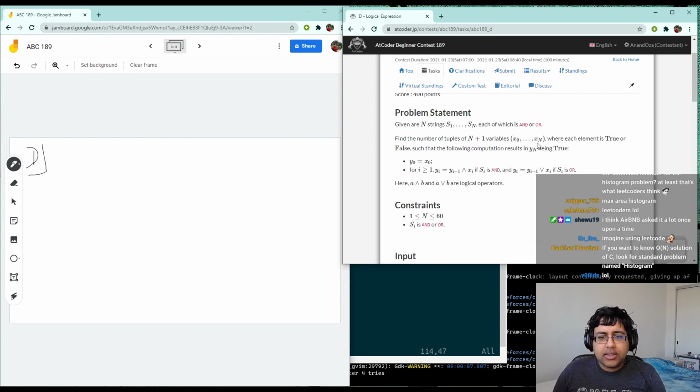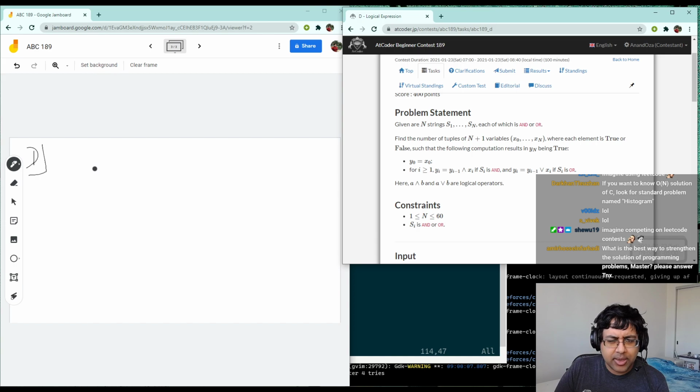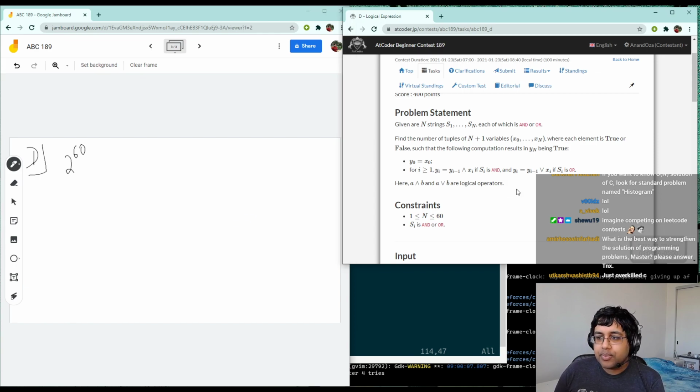Yeah, and you want to find the number of configurations of your Boolean variables that result in the expression being true. So what you want to do there is, well, first, it's kind of interesting. It's like a counting problem that might have a really big answer, but they didn't ask you to do it modulo. And that's because you have n variables, so the maximum number of combinations is 2 to the 60, which does just fit nicely into a long.